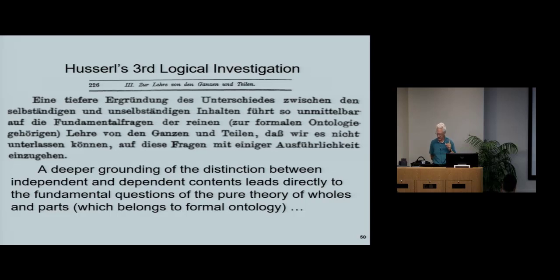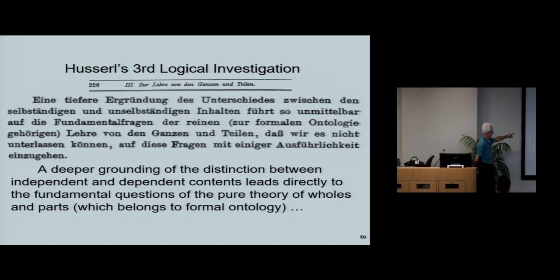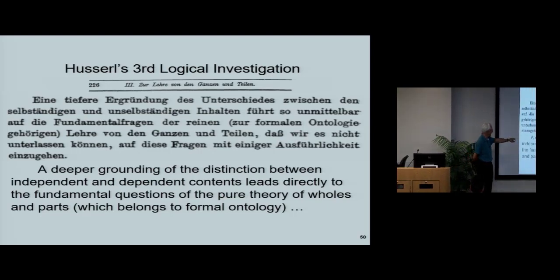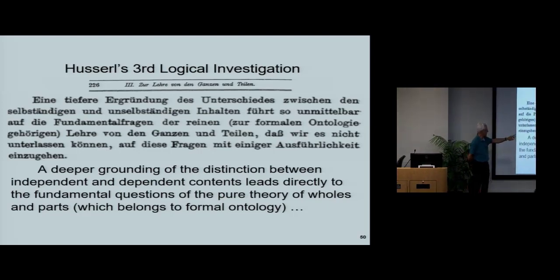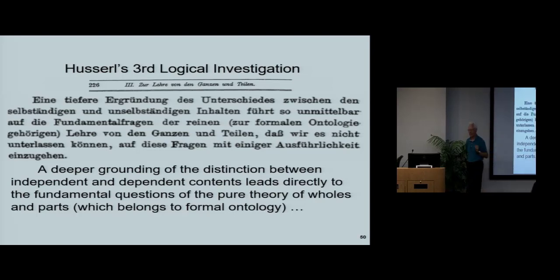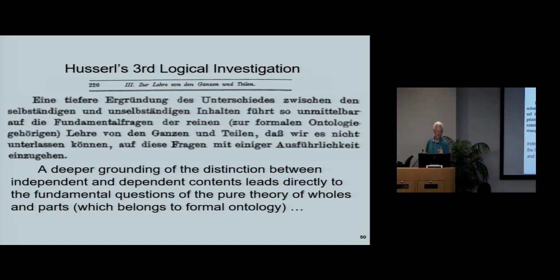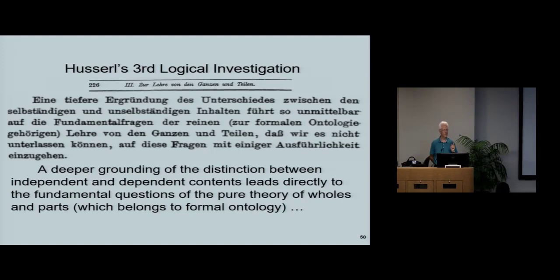And in this third logical investigation, there is the following passage. A deeper grounding of the distinction in independent and dependent continuance leads directly to the fundamental questions of the pure theory of wholes and parts, which belongs to formal ontology. Now, that is the first occurrence in philosophical literature of the term formal ontology.